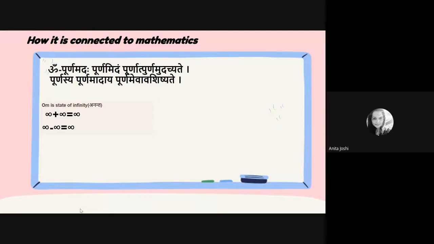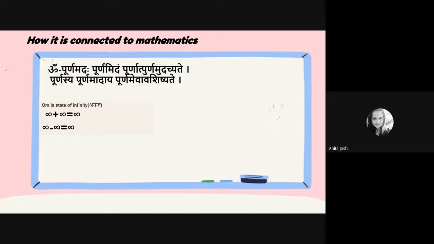Here, Purna means, as we all know, a whole. As we see in this sloka, Purna is in each and every word. When we have whole things and connect to mathematics, here I take Purna as Om. Om is a state of infinity. We say Anant in Hindi or Nepali.